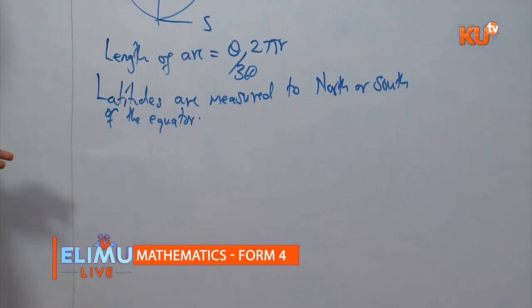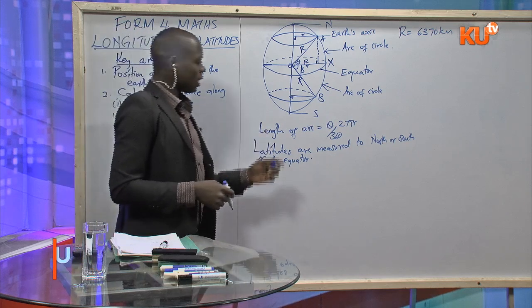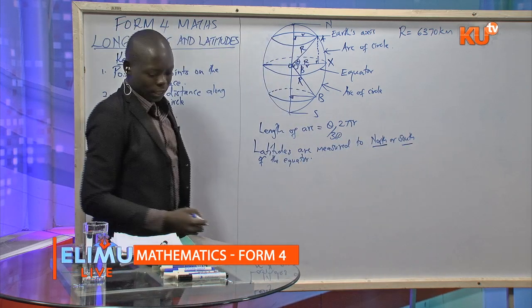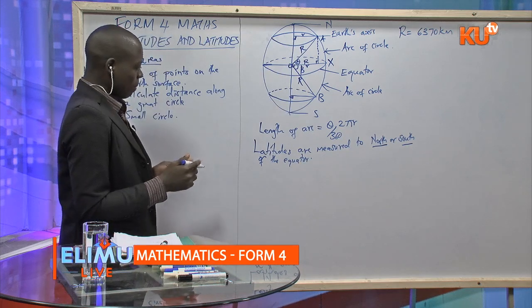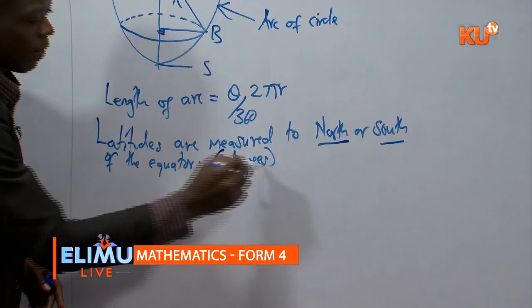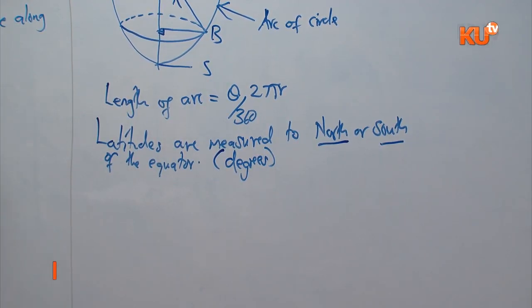The equator becomes the main point of reference for latitudes. So we measure either to the north or to the south of the equator, and they are given in degrees, remember? The angles are given in degrees to the north or to the south of the equator.